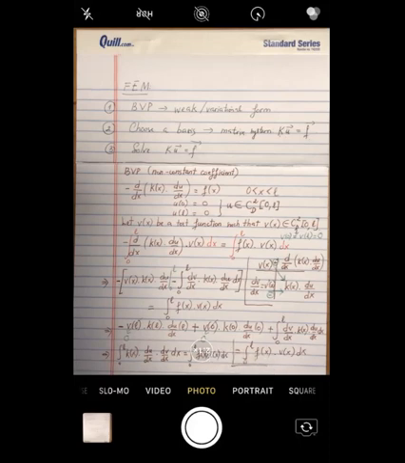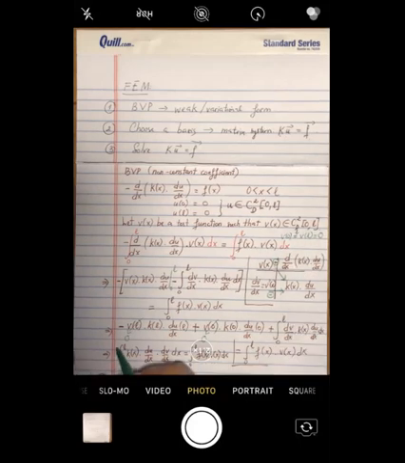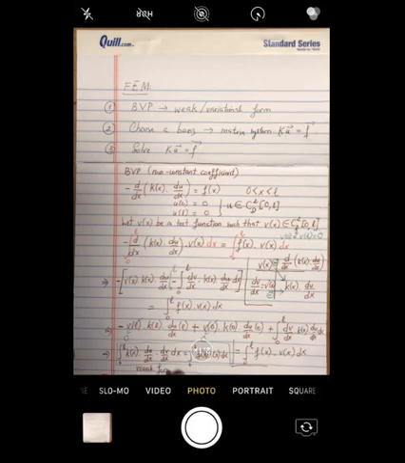So this is called the weak form or the variational form. You can see how easy it is to derive the weak form of the original boundary value problem.